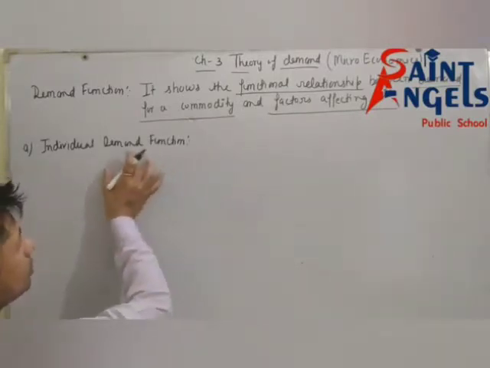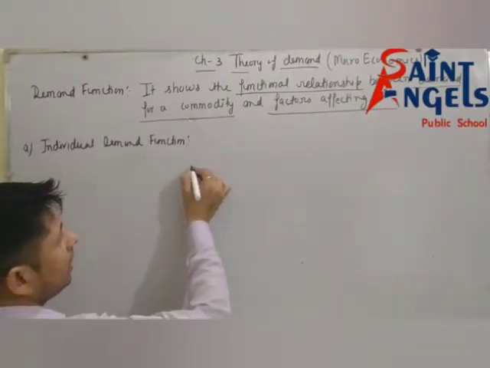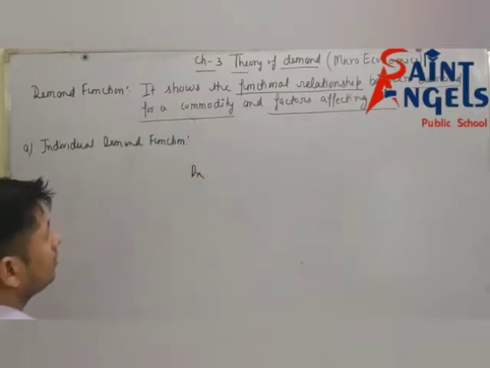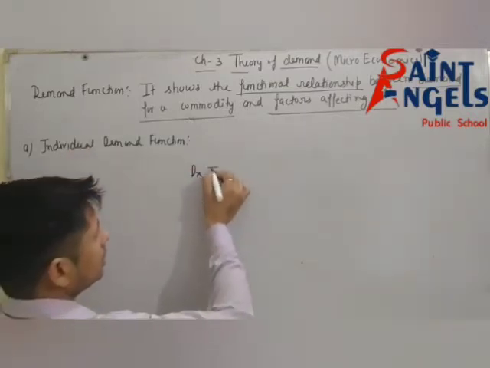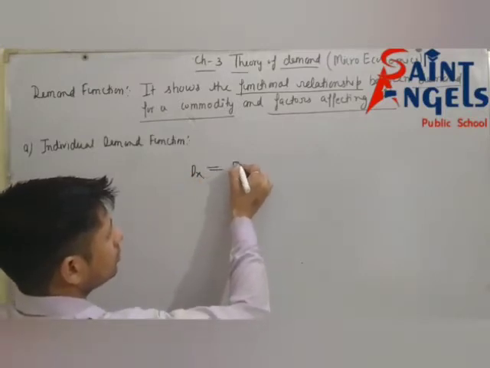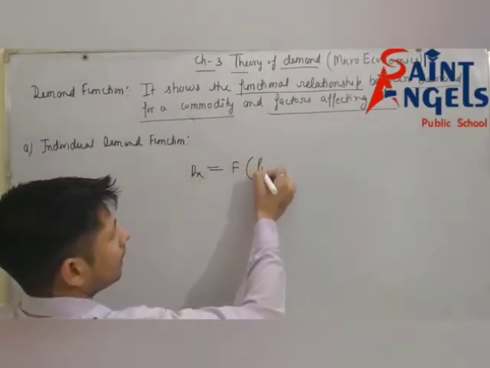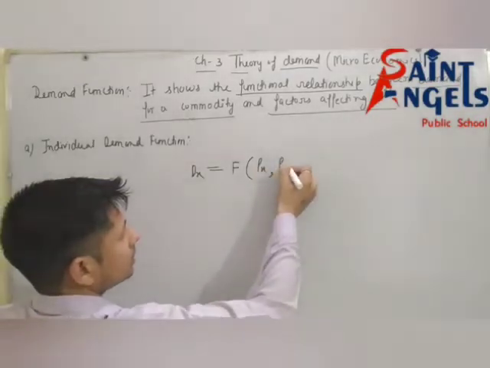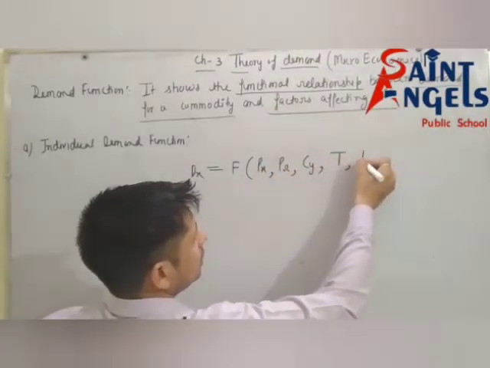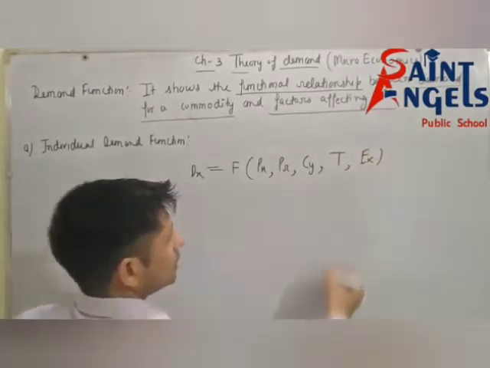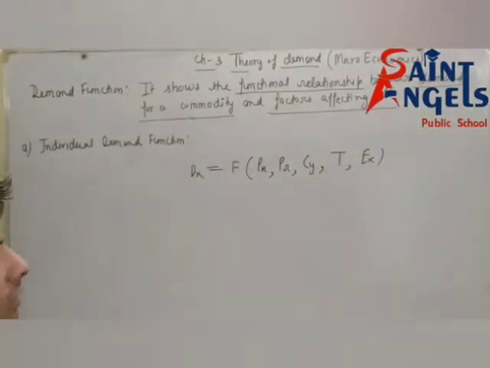Now this is the definition of individual demand function, and symbolically we can express it in this form. Dx is equal to f of Px, Pr, Cy, T, Ex. This is the individual demand function.